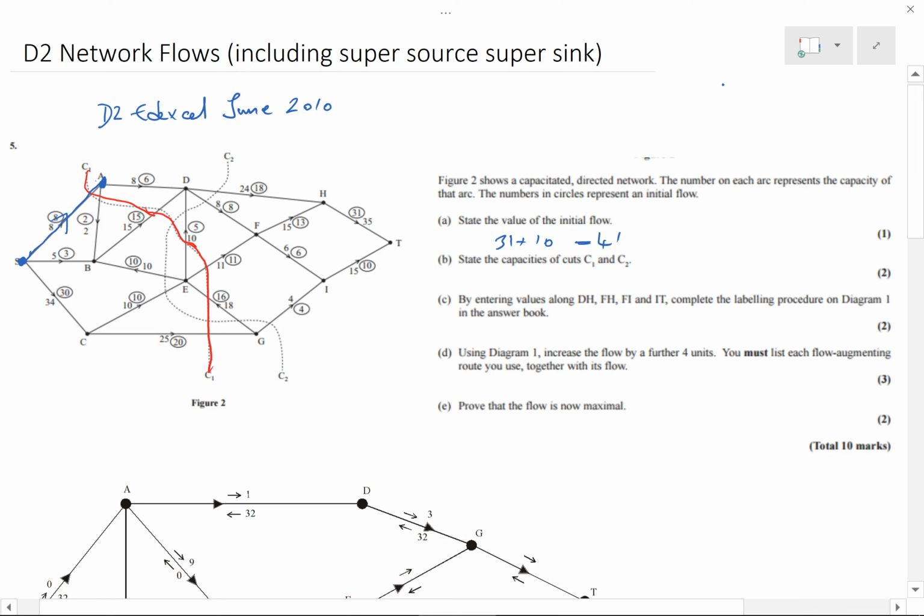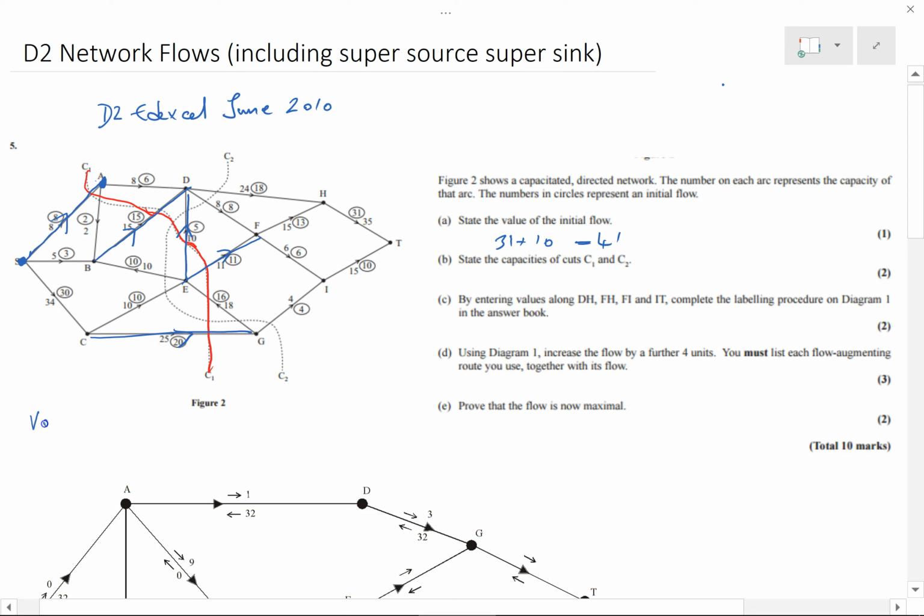Anything else, for example this one, doesn't contribute to the value of the cut, because it's going from sink to source, in the opposite direction. This one does contribute to the cut, and so does this arc here. So does this arc here, but this one doesn't, because it's going from sink to source, but this one does. Okay, so that's one important thing.